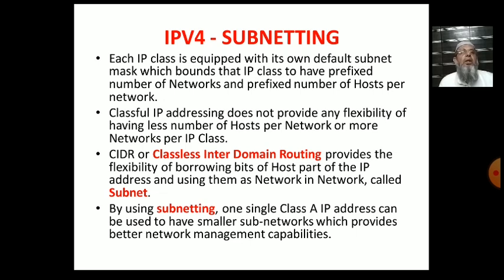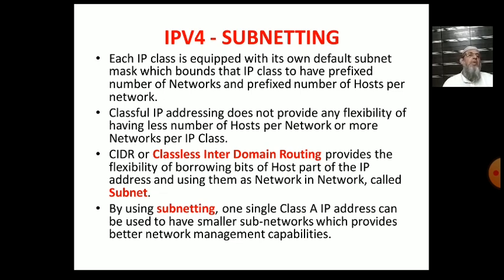Subnetting. In IP version 4, we use the concepts of subnetting and supernetting. Classful IP addresses do not provide any flexibility to have fewer or more hosts per network in each IP class. They are fixed. If you are using class A, class B, or class C, then they have a fixed number of nodes in one particular network.